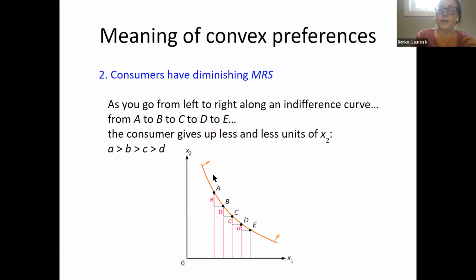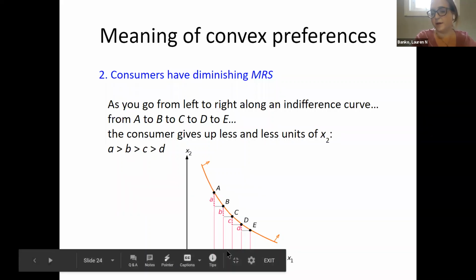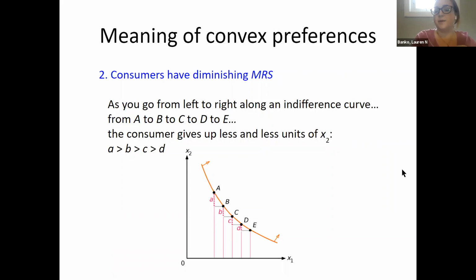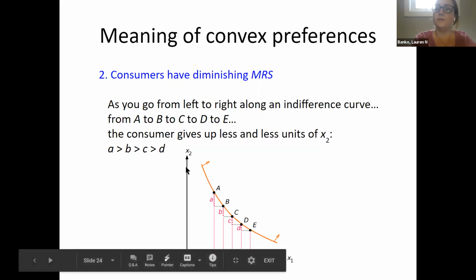So at point A, this is kind of showing that maybe we have a lot of X2 and not a lot of X1, which is on the bottom. I don't know if you can see that because the controls are there. But X1's at the bottom. We don't have a lot of it. So if we are thinking about getting one more unit of X1, we're actually willing to give up a good amount of X2 because we have a lot of it.